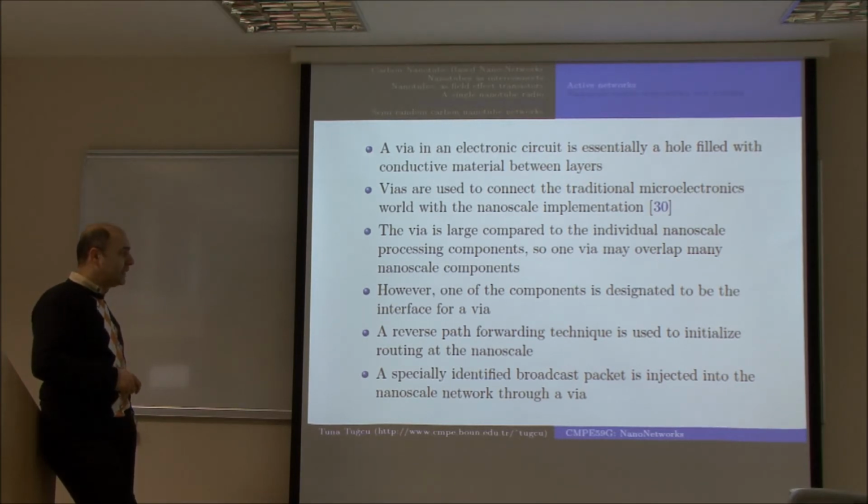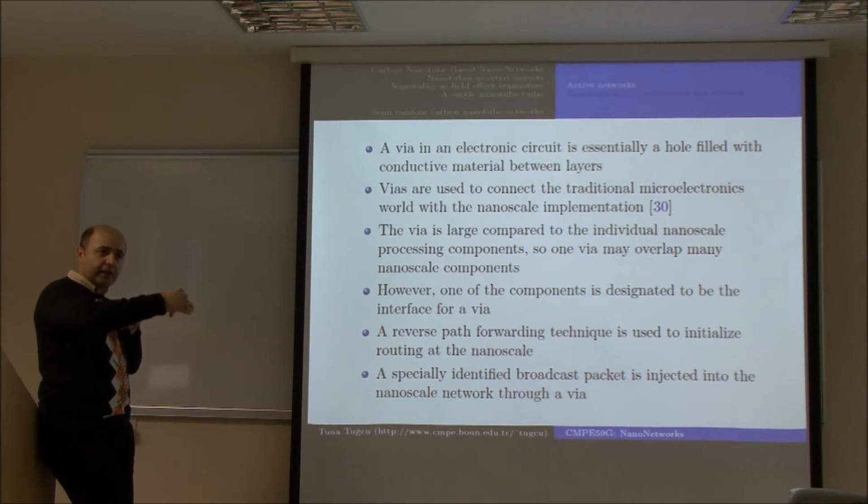A specially identified broadcast packet now can be injected into the nanoscale network, and that injected packet will propagate, of course starting from the interface just near the via, to the others.